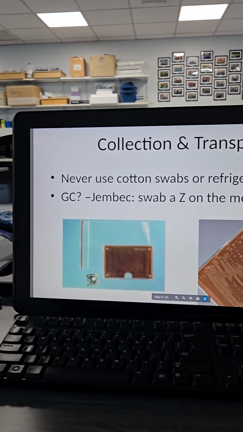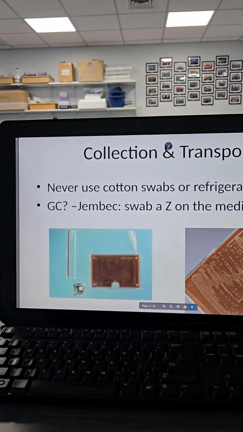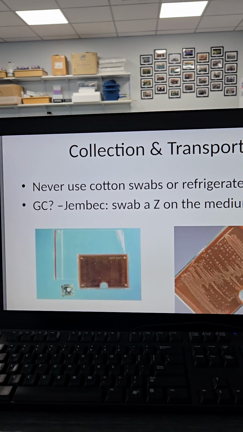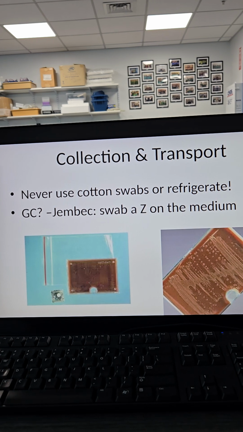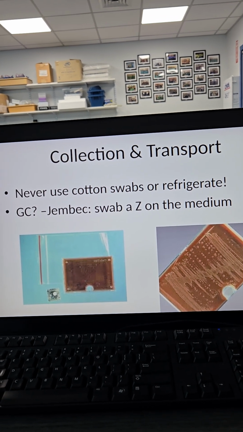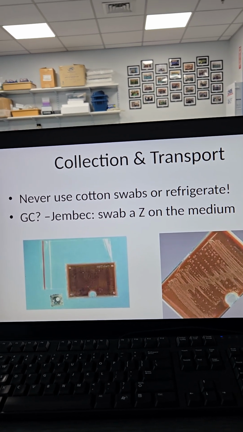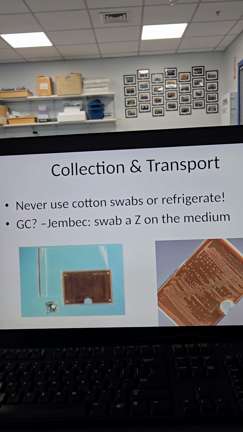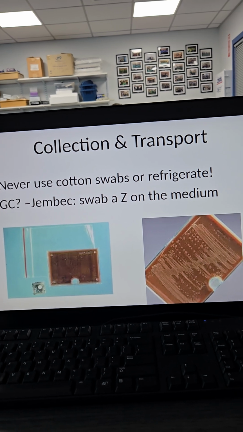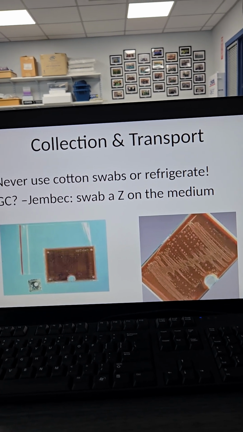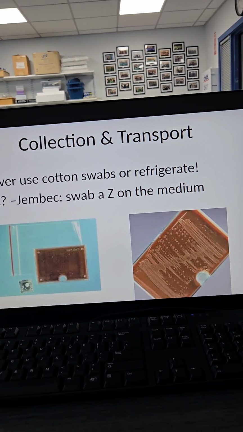Never ever use a cotton swab, because the fatty acids in the cotton fibers are toxic to some of the Neisseria. If it is something that could have Neisseria, particularly Neisseria gonorrhoeae, growing, do not refrigerate it.